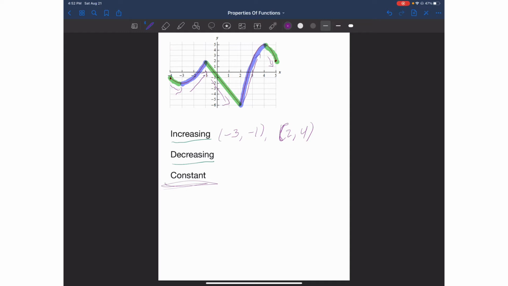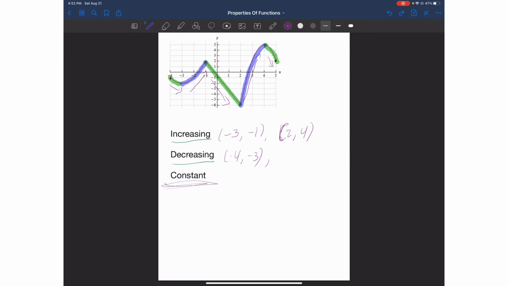So for the decreasing, or my green pieces that are highlighted, I start decreasing at x equals -4, and then I stop at x equals -3. Put a comma because I have a few more pieces that are decreasing.